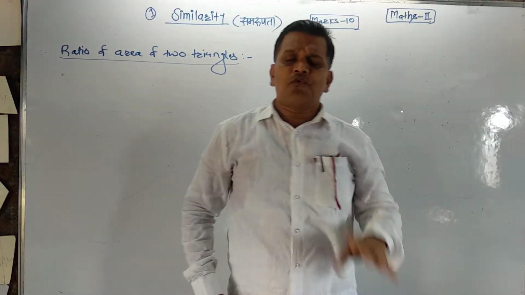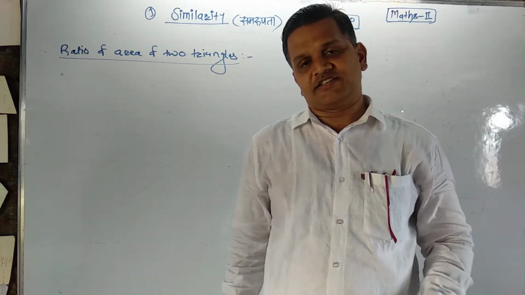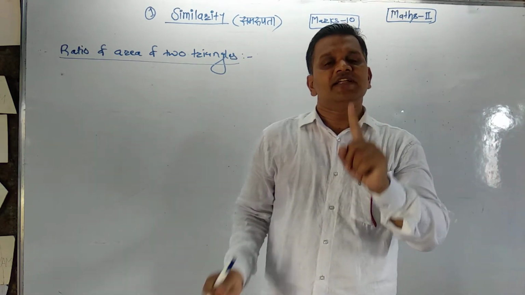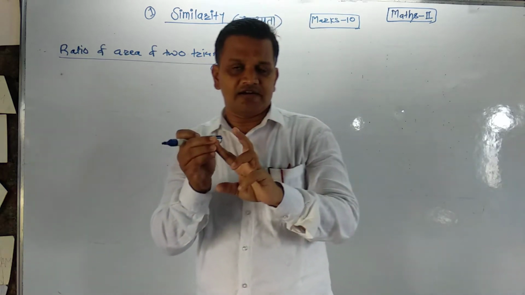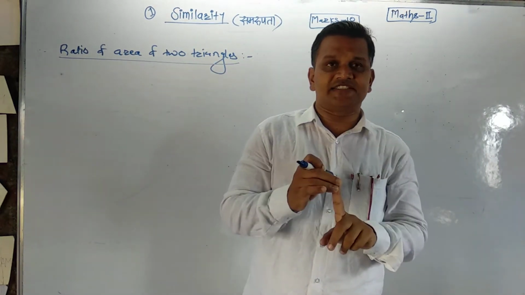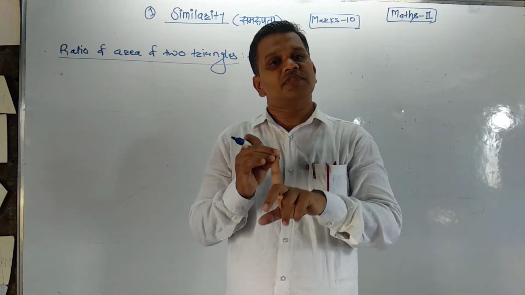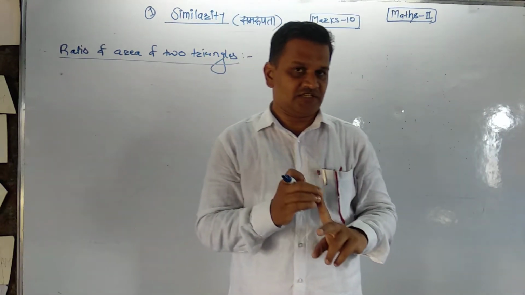Here are 4 properties of the ratio of areas of two triangles. Which are the 4 properties? First property: the ratio of areas of two triangles having different bases and different heights is equal to the ratio of the product of their bases and corresponding heights.